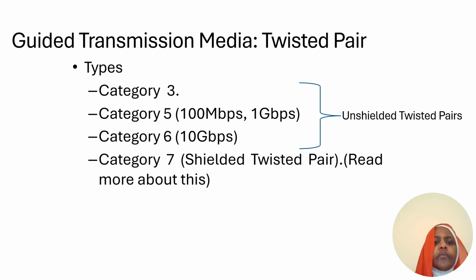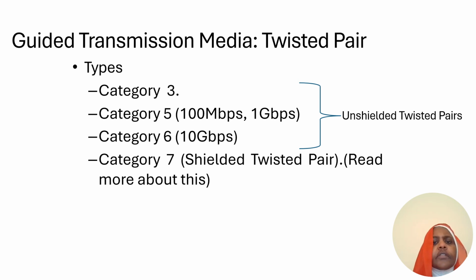There are 4 types of twisted pairs. They were usually 7 types. Now the existing are 3 types. Category 3 is no longer existing. The ones in use now are category 5 and category 6. Category 7 is not in use yet.